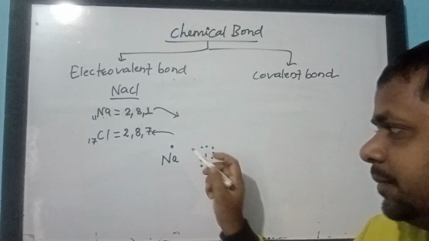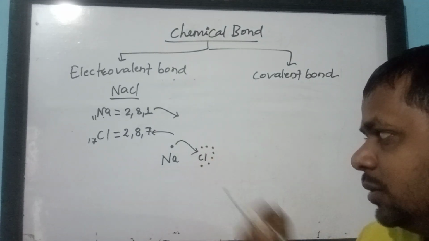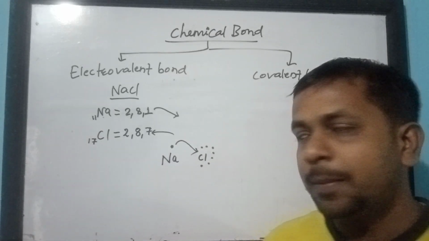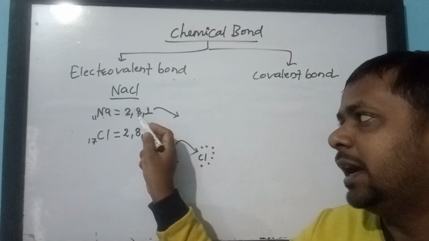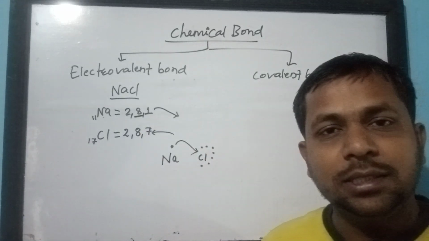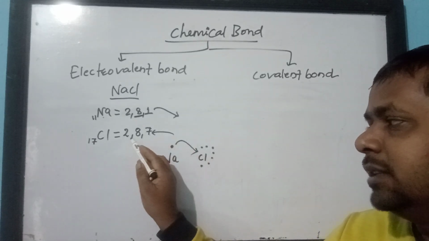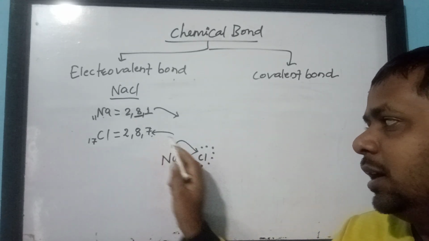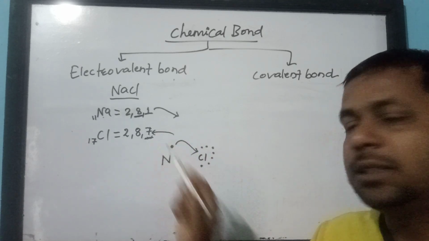For that, this sodium donates its one electron to chlorine. Then when it donates its one electron to chlorine, it will have the octet state and it will be stable. Similarly, when chlorine gains one electron here, then it will also have the octet state.